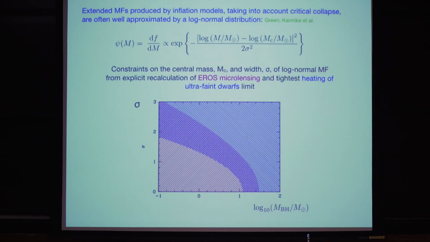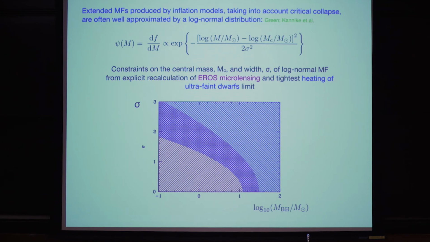I initially showed this by looking at some concrete examples. As I mentioned in the first lecture, it turns out that for these inflation models with features in the potential, the mass functions they produce are well approximated by a log normal distribution centered at some mass MC, which depends on where the feature in your power spectrum is, with some width sigma, which depends on how wide the feature is.